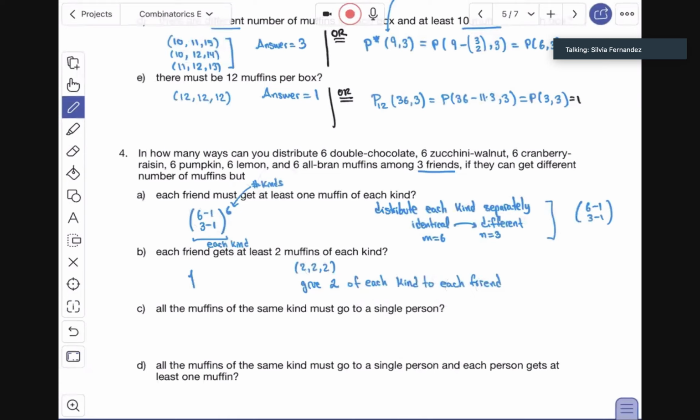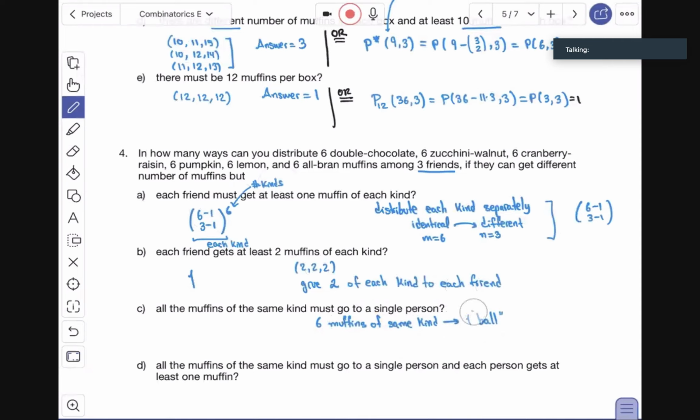All the muffins of the same kind must go to a single person. So here, the 6 muffins of the same kind become a single bowl if you want. Imagine that you have boxes of muffins, half a dozen muffins of the same kind. That's one bowl. So 6 muffins of the same kind become one bowl.